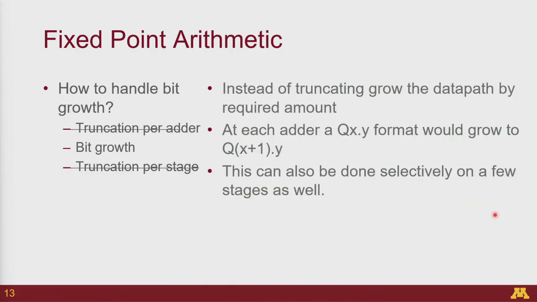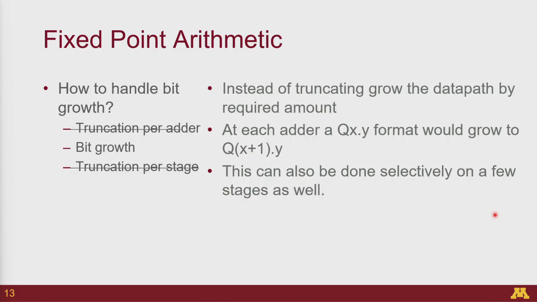The second option is to perform bit growth itself in the different stages. That means if we started with n bits, after stage 1 you would have n plus 1 bits, after stage 2 you'll have n plus 2 bits, and so on. But the problem is that if you have a lot of stages, you could start off with a small signal and end up with a very large signal.